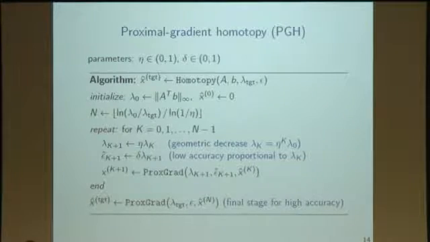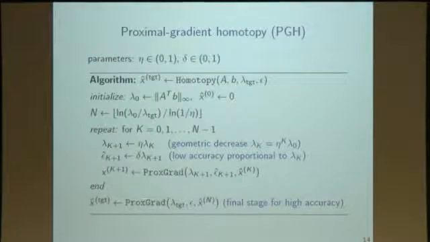At each step, you reduce lambda by a constant factor, and you solve to a very low precision. Delta could be 0.1, for example, proportional to your regularization parameter. And then you solve it. For the last iteration, of course, I require a high precision epsilon. You could go for the whole epsilon, but you are already in the geometric zone, so you are fast.